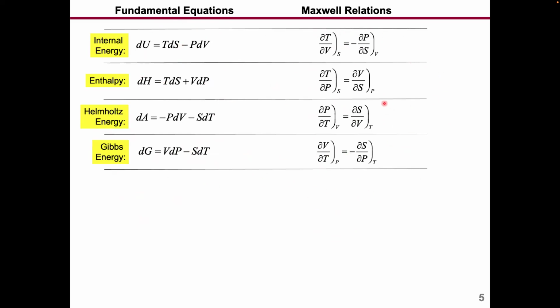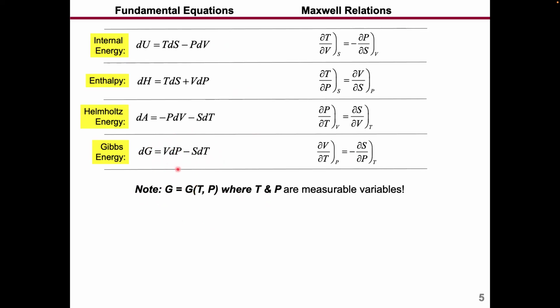This is just mathematical treatment. The reason we want to use these Maxwell relations is that we want to convert variables. If you think about G, the Gibbs free energy, after integration, P and T are your variables.